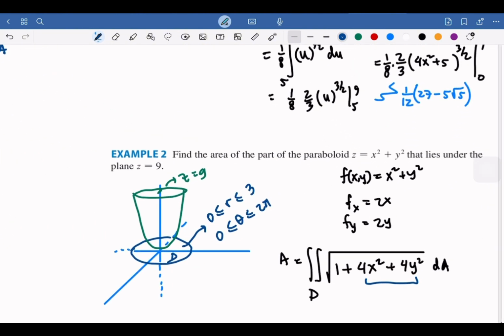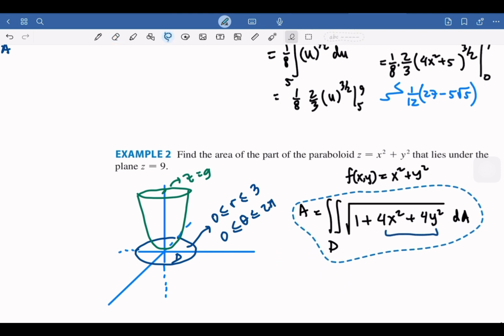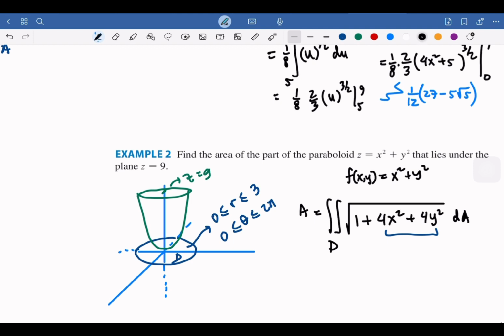I don't have much space here, so I will erase this for a while. Let me go here, and I will write the final part. This will be the square root of 4 plus 4r squared, r dr d theta, with r from 0 to 3 and theta from 0 to 2 pi.